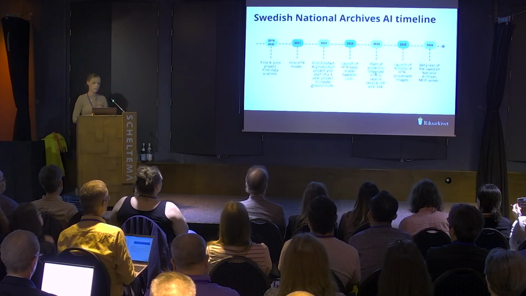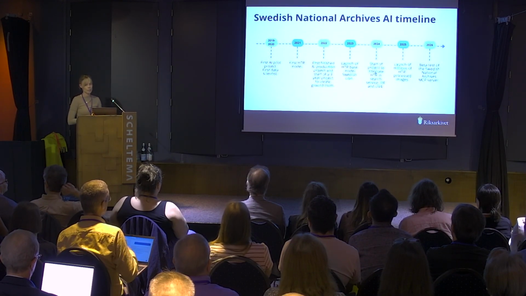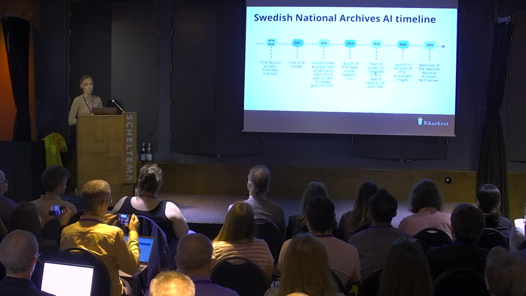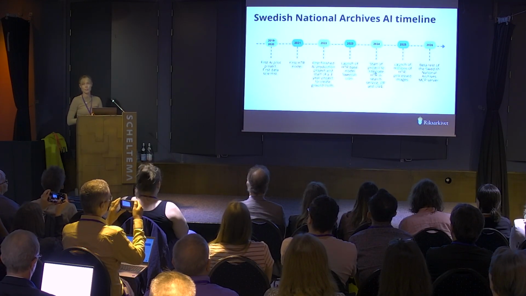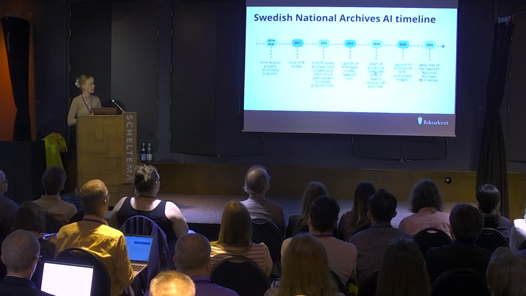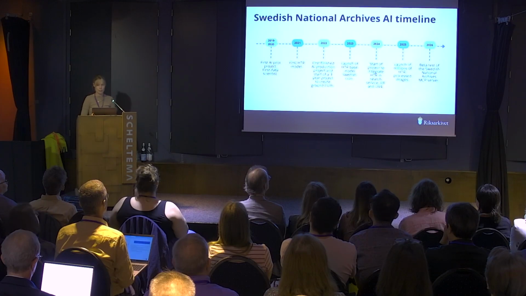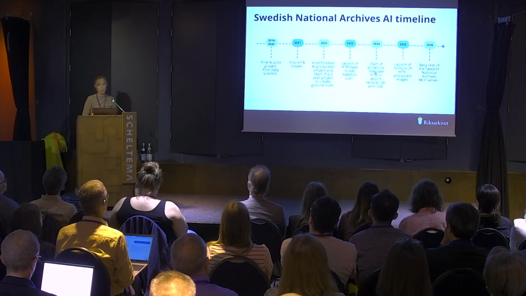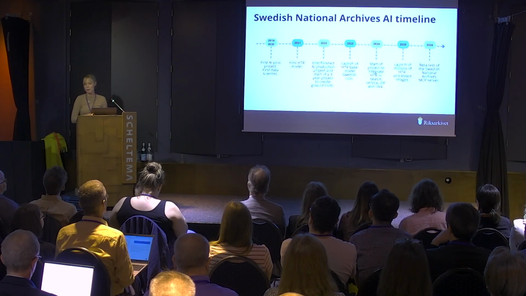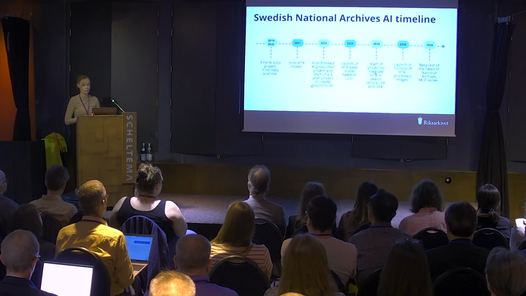So in 2024, we started a project to integrate the ongoing developments of handwritten text recognition into our search service, image viewer, and the APIs. But a lot of work, of course, came before this. Much time has been put into exploring HTR and AI in archives and making this infrastructure that we can use now.